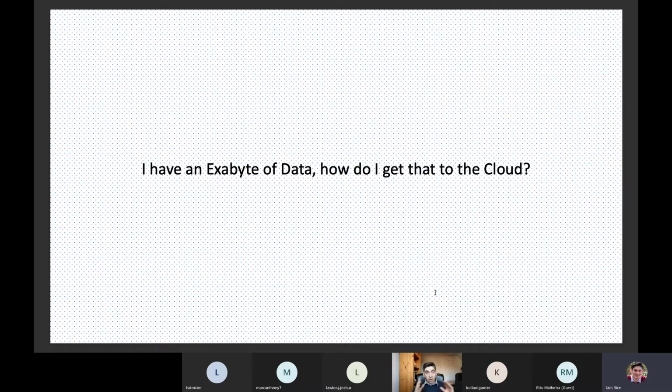It's estimated that the entirety of the World Wide Web would be between 1 and 2 exabytes worth of data. So that's a colossal amount of data that's online.